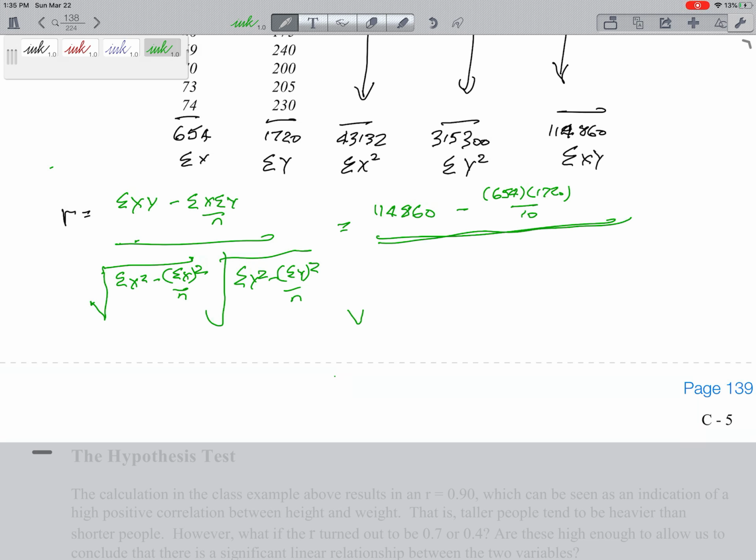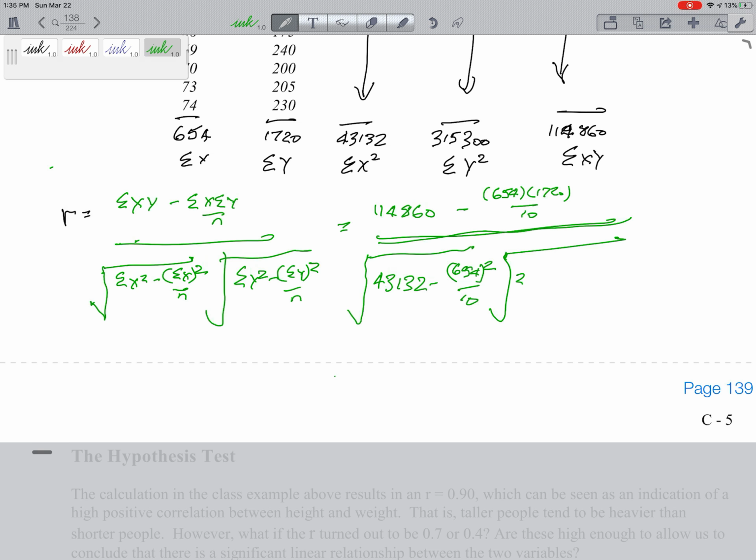Okay, the denominator is going to be the sum of the x squared values, so that's going to be 43,132 minus the square of the sum of x's, so 654 squared, divided by 10, and then we do the same for y.